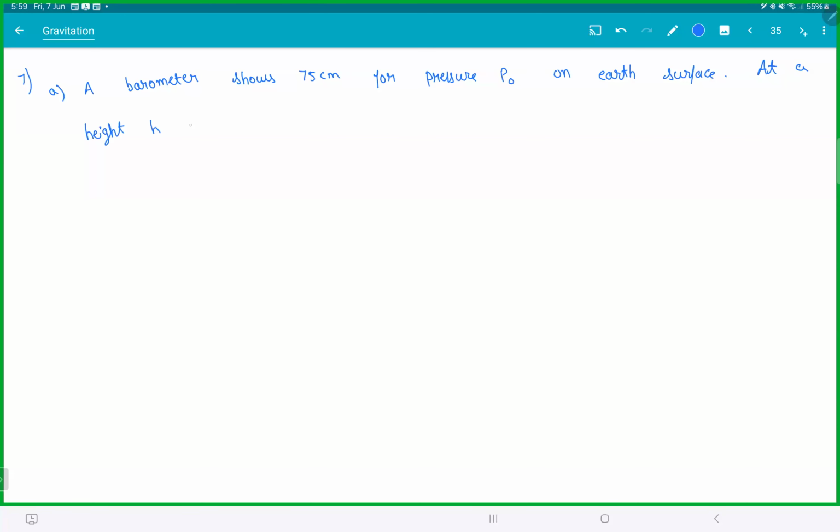At a height h above the Earth, it shows 90 centimeters for 2 P naught by 3 pressure. So as you went high, the pressure also dropped. The gravity also changed. To find height.